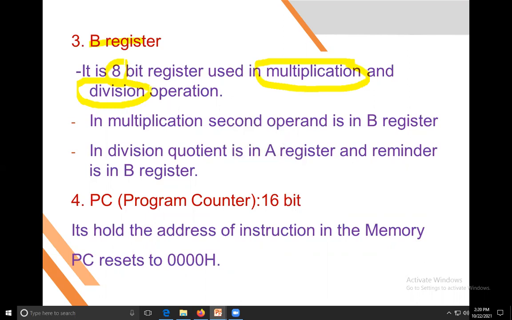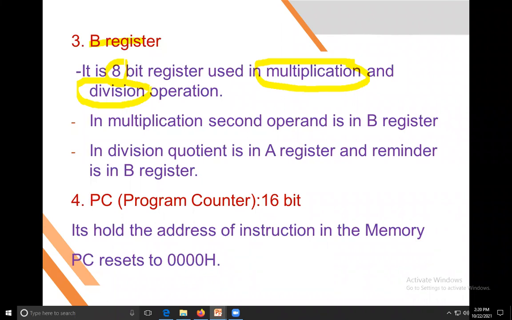All registers store 8-bit data. But after multiplication, if the result is 16-bit, where is it stored? I am saying that every time, for addition, subtraction and multiplication, the data is stored in the accumulator.